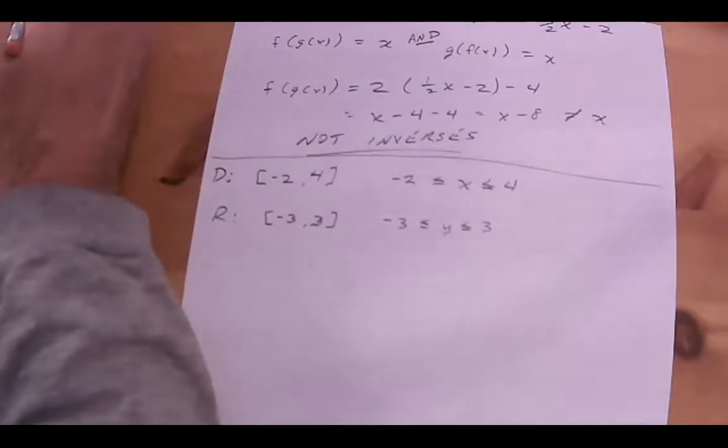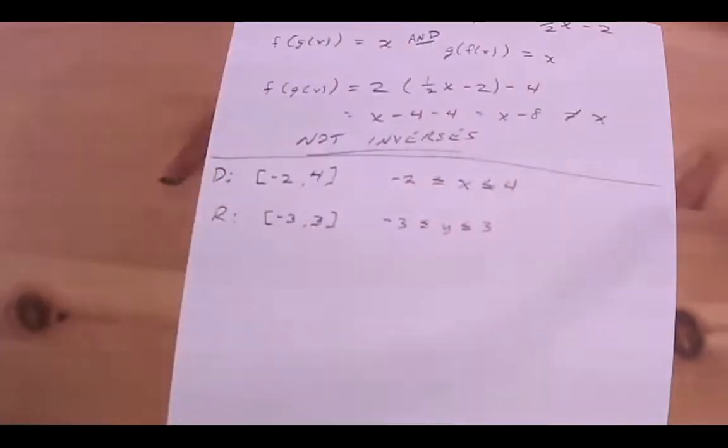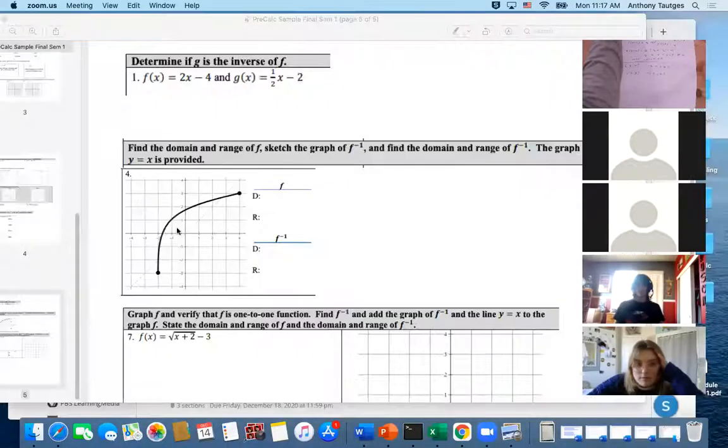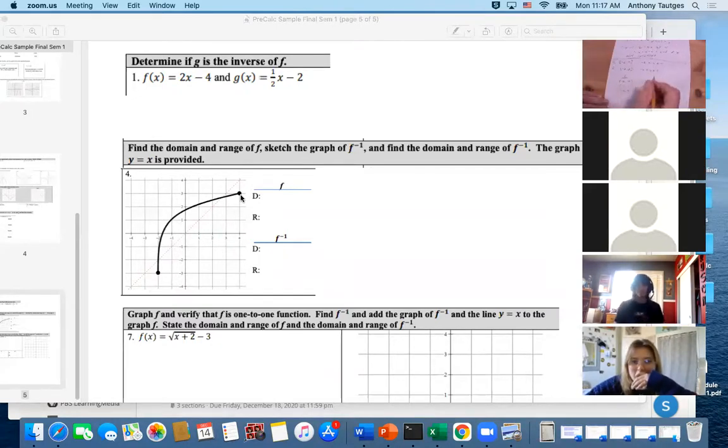Now it says sketch the graph of the inverse. To do this, I identified ordered pairs. I know it's going to be the reflection about the line y equals x. But to plot it, I wanted ordered pairs. So I found ordered pairs of the function f. There's one at -2, -3. There's another one right here, -1, +1, and then another one over here at 4, 3.